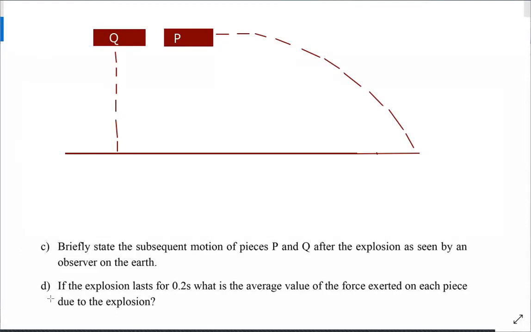Somebody in the class, please repeat the answer. Somebody please read the answer again. It will be a big help for the students.